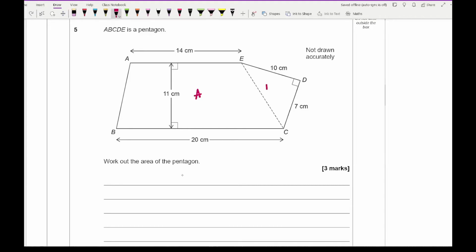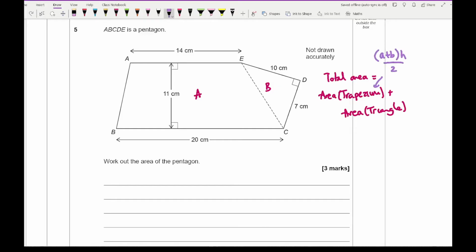So the total area is going to equal the area of the trapezium plus the area of the triangle. Now, if you remember your formulas, the area of a trapezium is a plus b multiplied by h divided by 2, and the area of a triangle is base times height divided by 2.